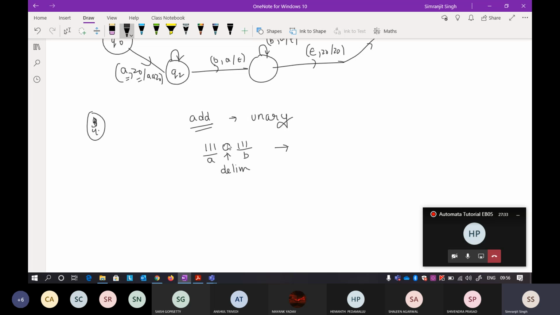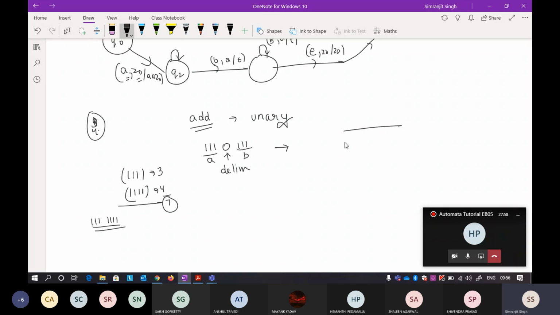By adding, this is 111, which is exactly 3, and this is 1111, suppose this is a 4. In unary form the answer will be 1111111, so it will be 7. Now we are adding the numbers in the unary format.